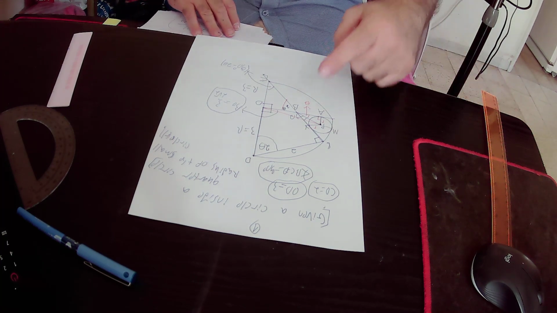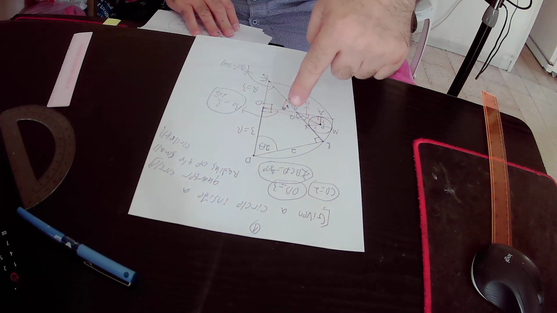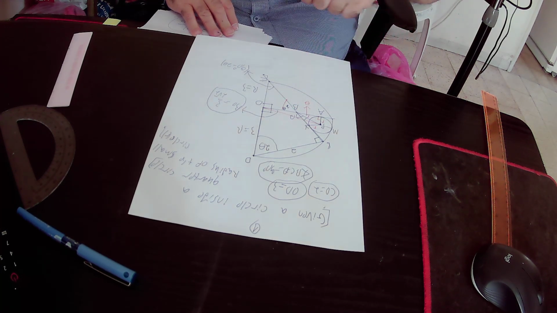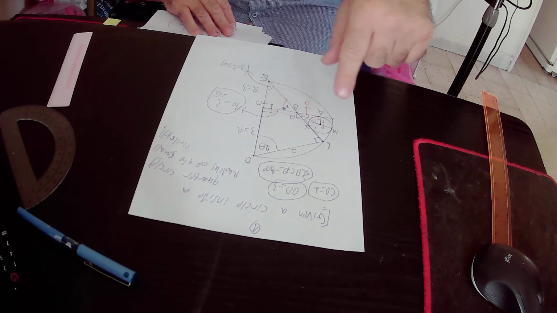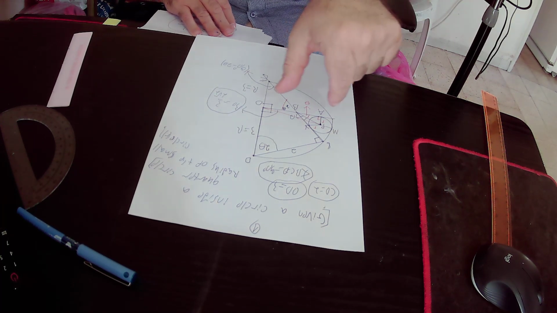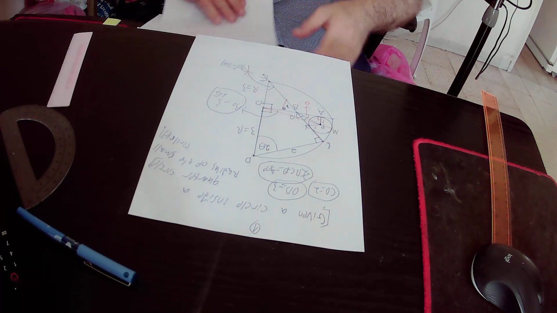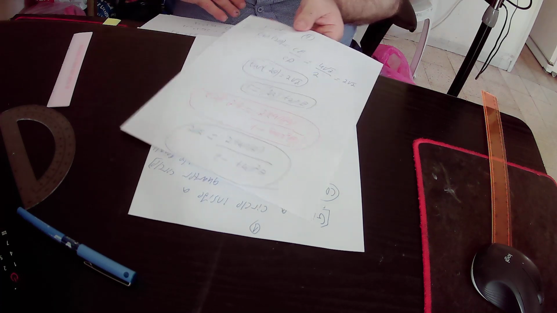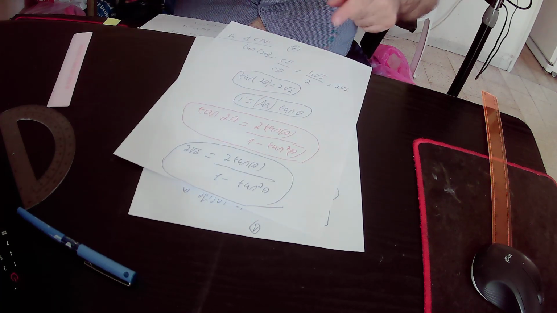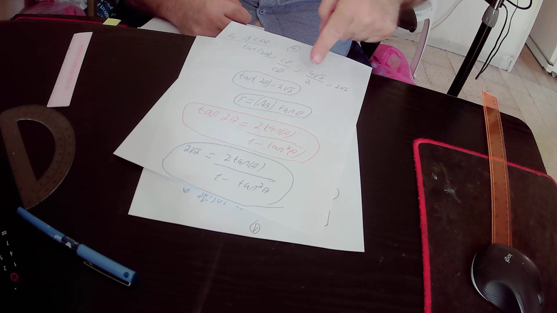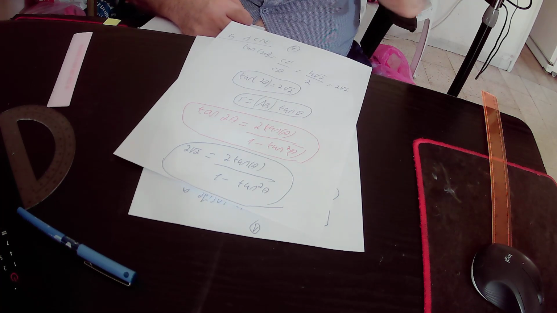And then in the right triangle DCE, we know that tangent 2 theta equals CE over CD. We know that CE equals 4 times root 2 and CD equals 2 units, it is given in the question.